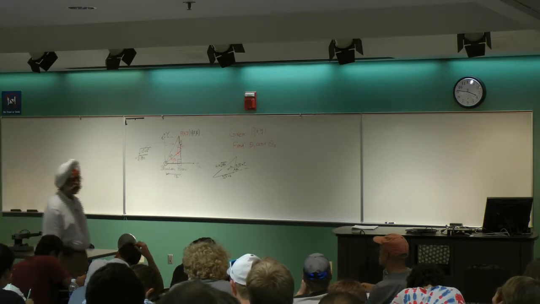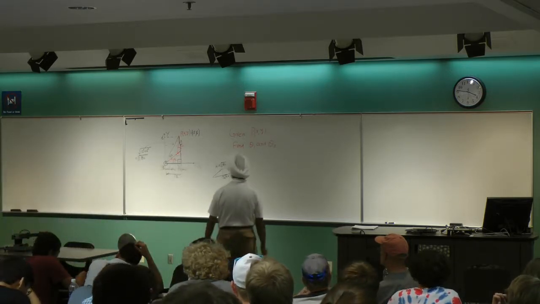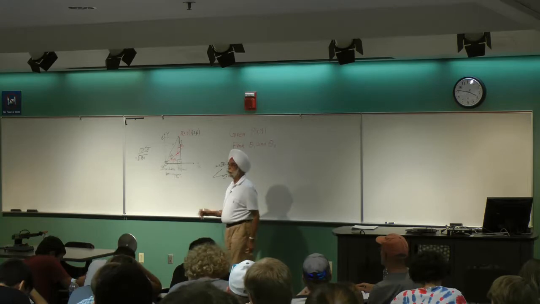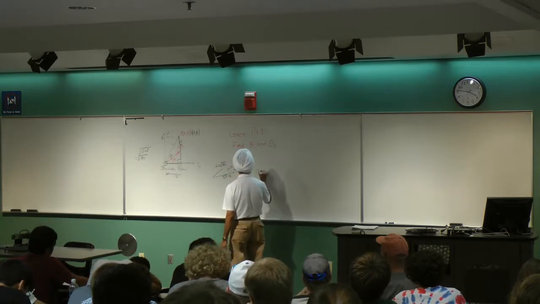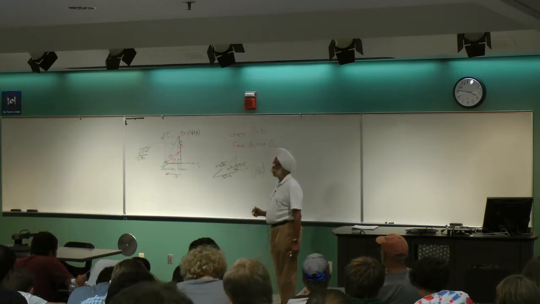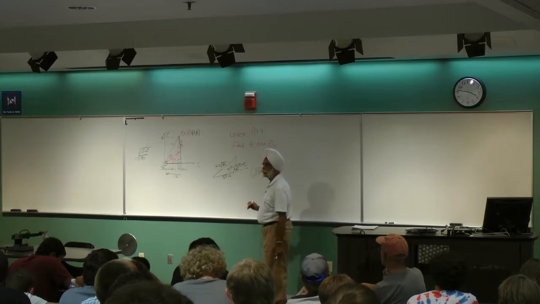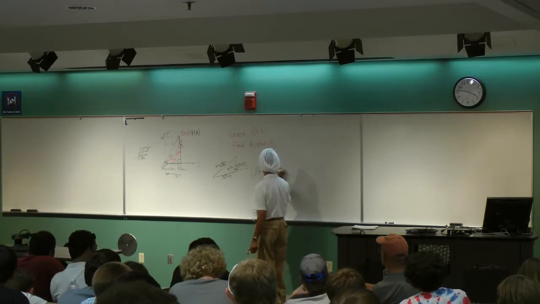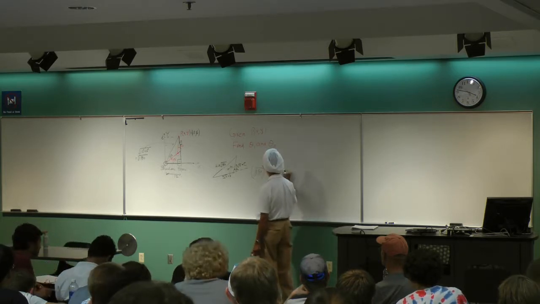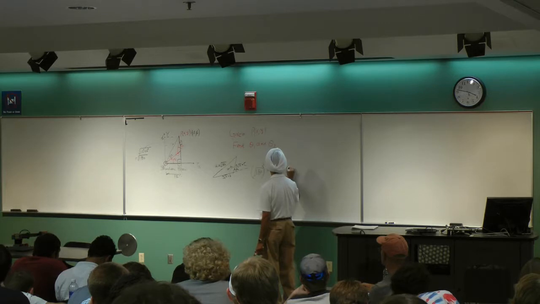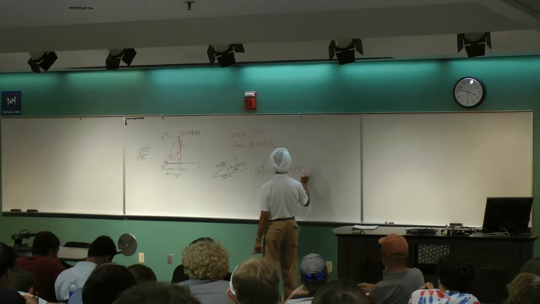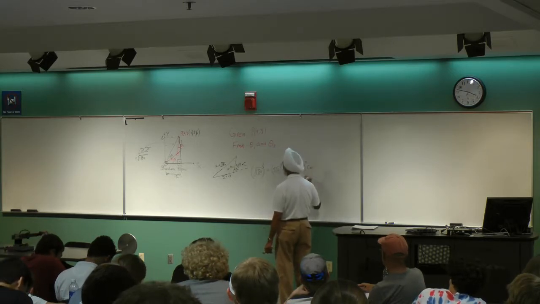Well, help me write that. Anybody? Scared? What? Root 180 squared. Okay. So he's saying the square of that equals 5 root 2 squared plus 5 root 2 squared, minus 5 root 2 times 5 root 2 times the cosine of A. Cosine of what?